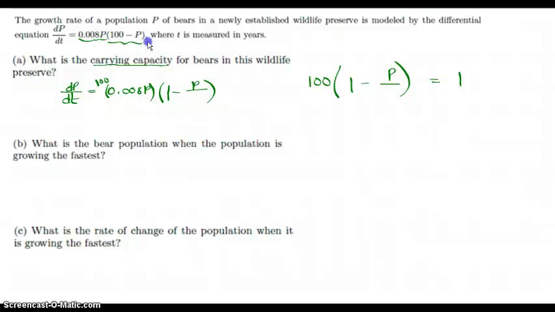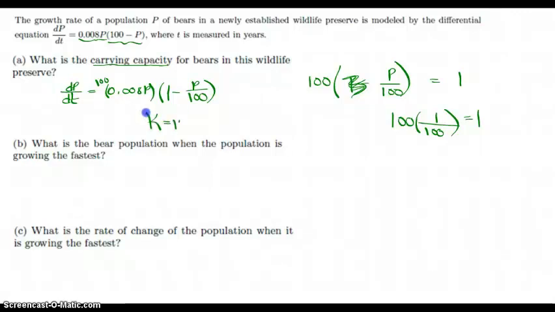Because that's basically what's here, 1 as far as a coefficient to P. So 100 times P over what equals P? 100 times 1 over what equals 1? So that's 100. I'm getting tired, y'all. All right, so there's our carrying capacity.